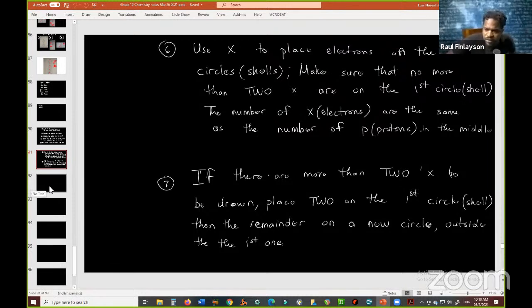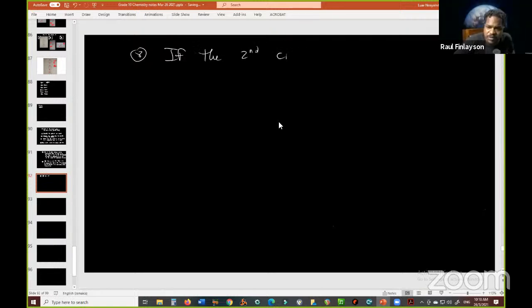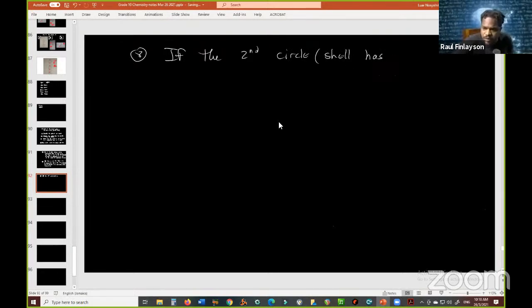Now number 8 will say, if the second shell, if the second circle has 8 x's, then draw another shell, then draw a third shell.